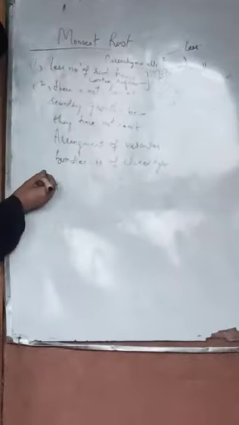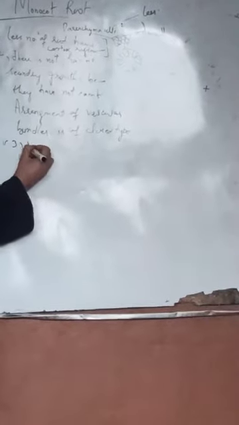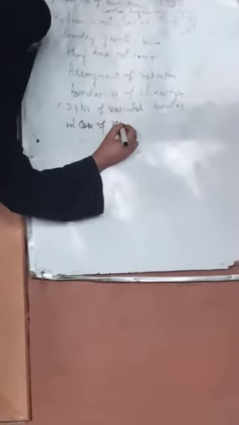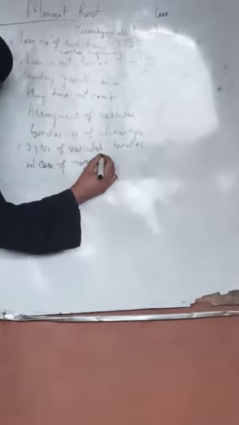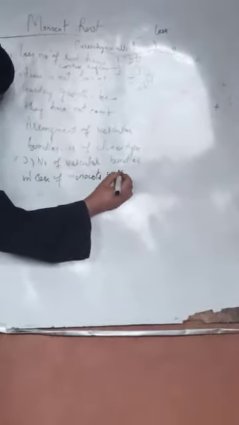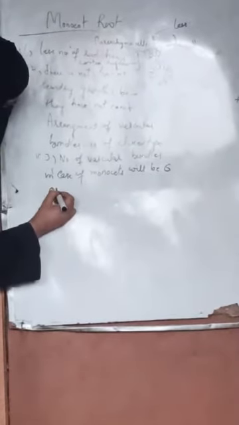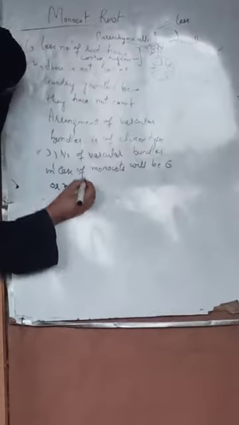So the number of vascular bundles in monocots will be 6 or more.